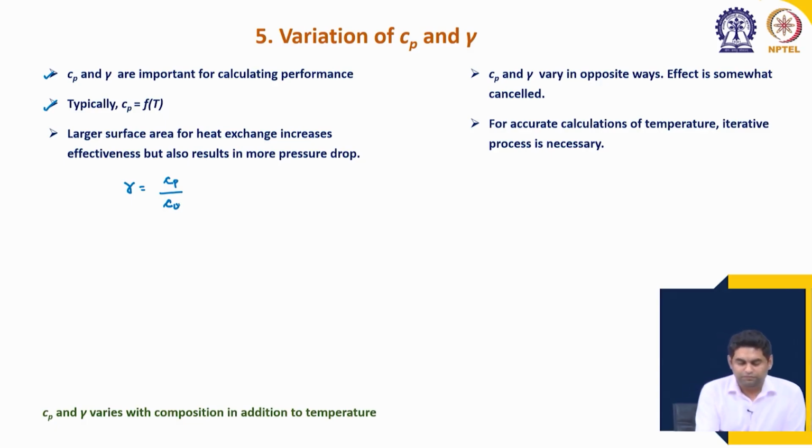We also know that R, the gas constant, is equal to Cp minus Cv, and gamma is Cp by Cv.